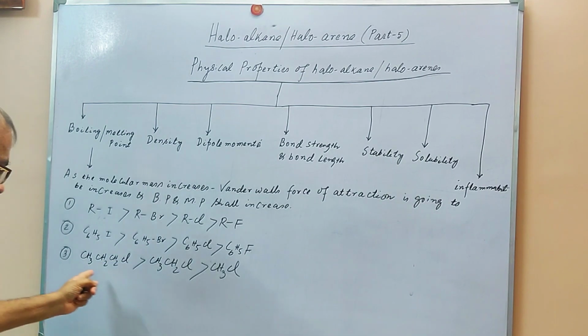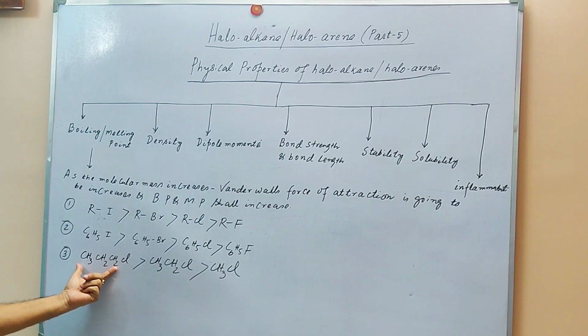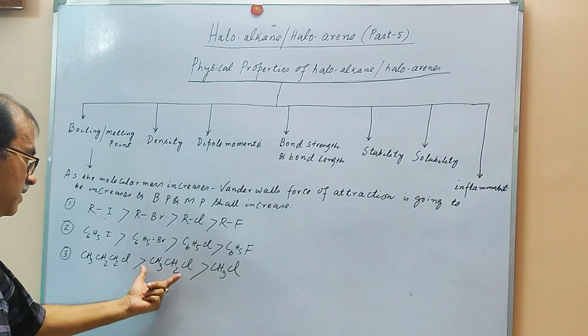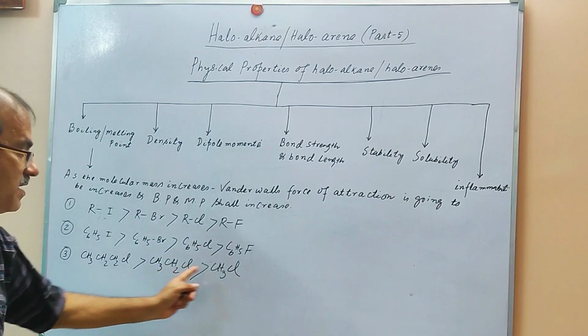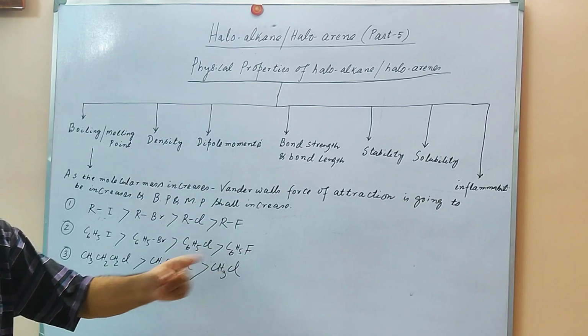The longest carbon chain, propyl chloride, has the highest, then ethyl chloride, and then methyl chloride. As the chain decreases, the boiling point goes on decreasing.